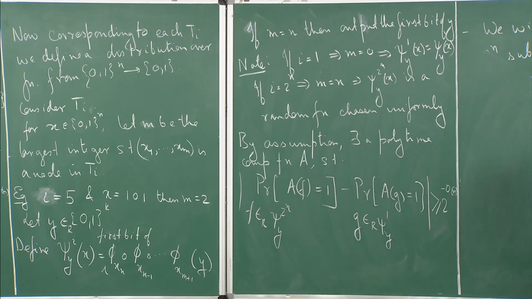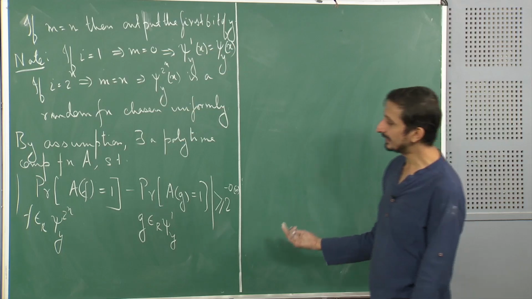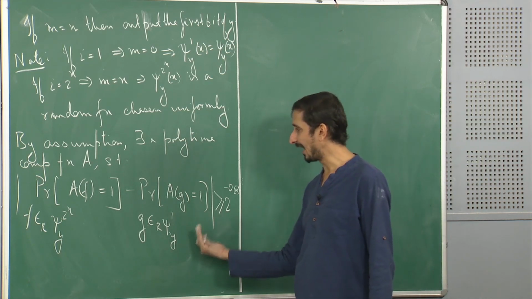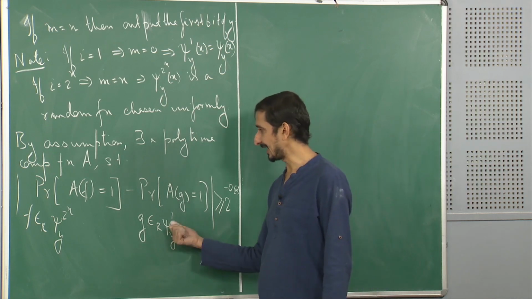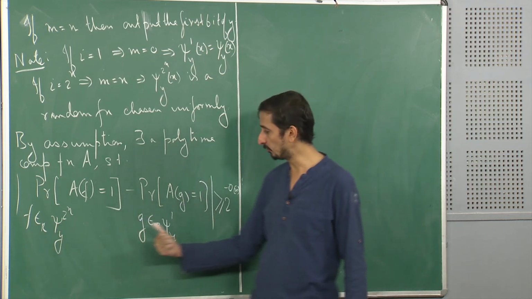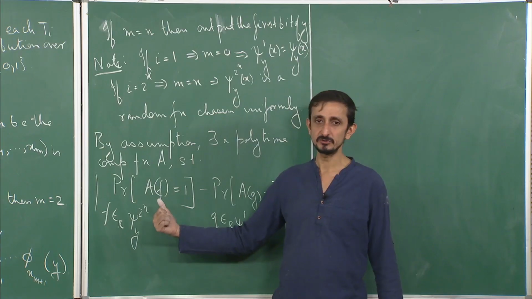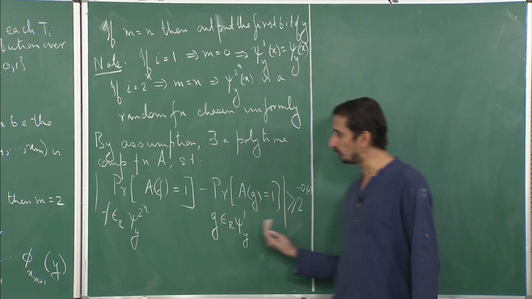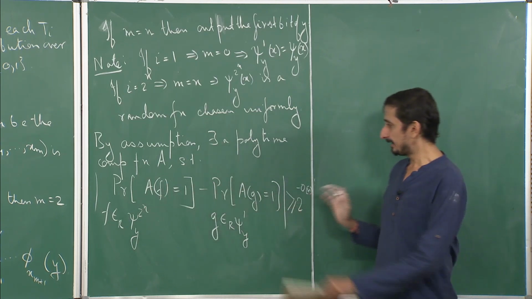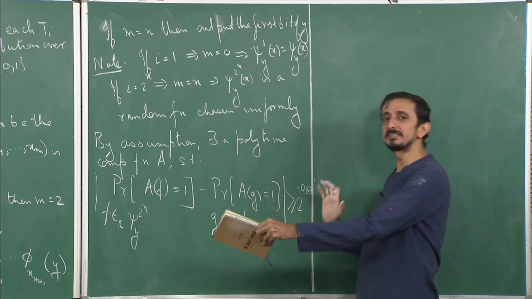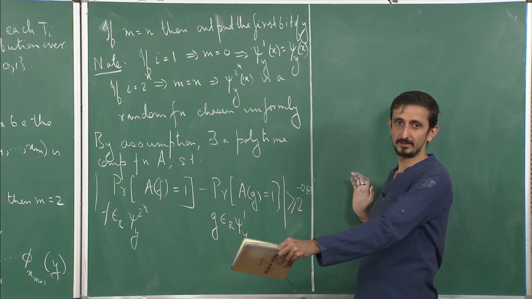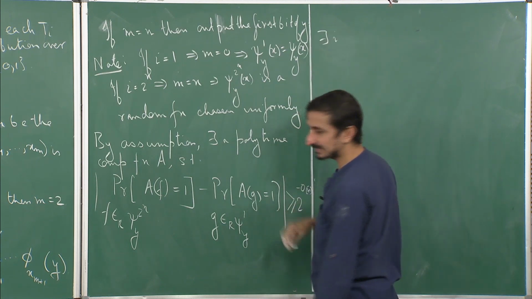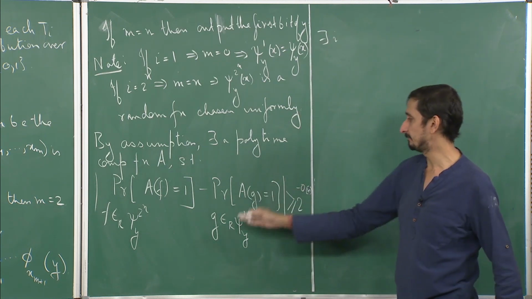Now, what does this give us? Essentially it is telling us that if I go from psi_1 up to psi_(2 to the power n), through all these distributions, there is an algorithm which is able to distinguish between these two functions.